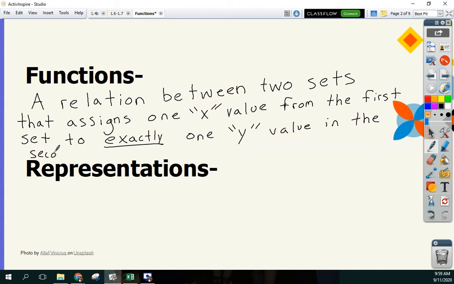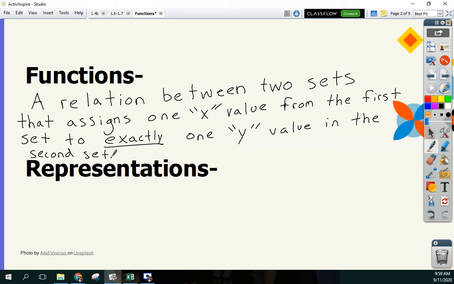Now, I use x and y because that is the general notation that we're used to seeing. However, it could be a and b or r and s, which is why I put them in quotations, because x and y is what we generally see, but we're technically just looking at one value from our first set to one value in our second set.